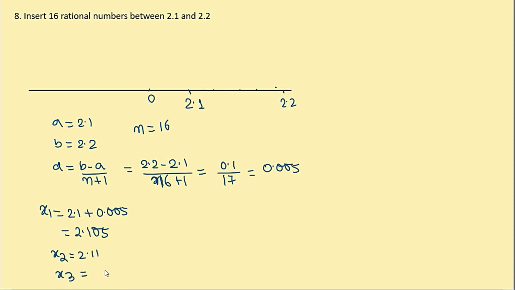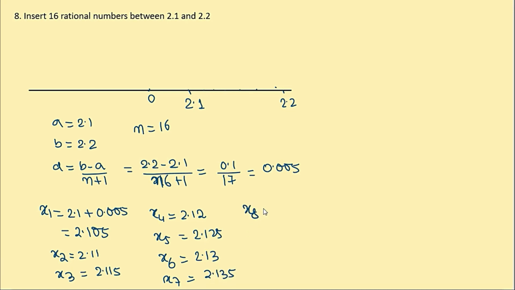X2 will be 2.11. X3 will be 2.115. X4 will be 2.12. X5 will be 2.125. X6 will be 2.13. X7, 2.135. X8, 2.14. X9, 2.145.